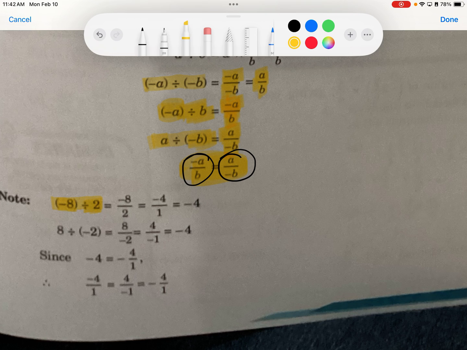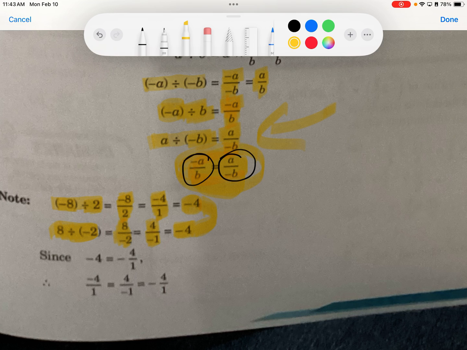-8 divided by 2 is -8/2, which is -4/1, which is -4. 8 divided by -2, so this is fleshing this out. 8 over -2 equals 4 over -1, which equals -4. So see how these are the same, just like those are the same.